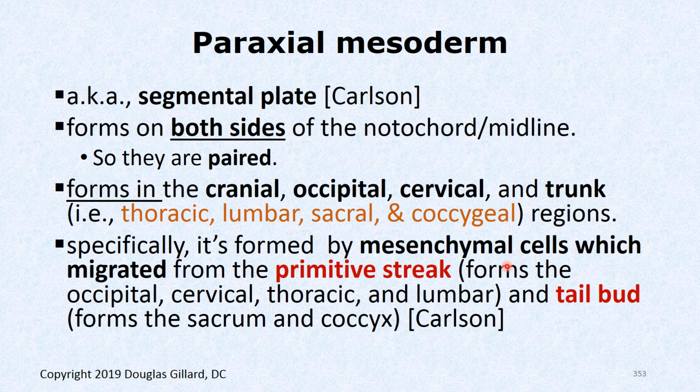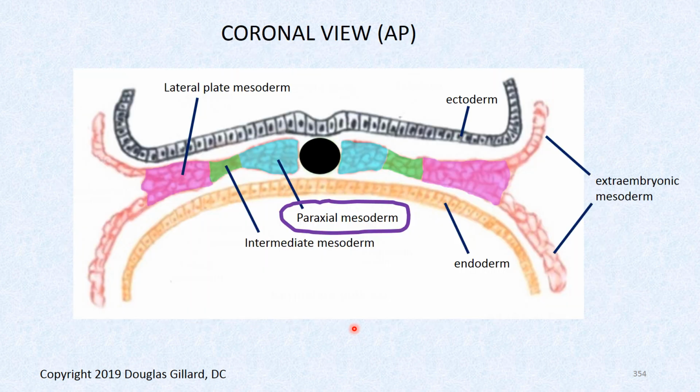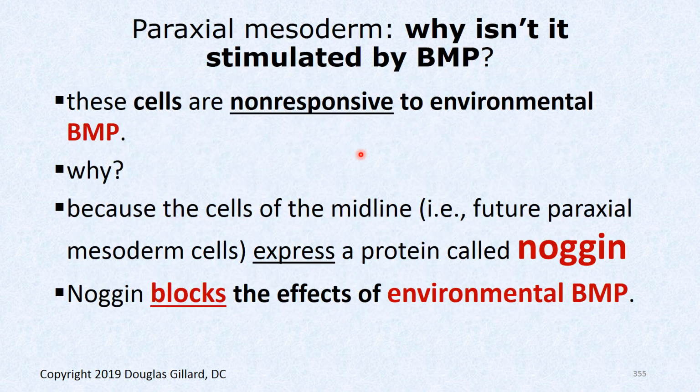The only difference is that for the ones that form in the sacral and coccygeal region, the primitive streak doesn't go that far, but there is a tail bud that develops down there, and cells move through the tail bud, morph into mesenchymal cells, and become sacral and coccygeal paraxial mesoderm. Okay, so we already know this. There's the paraxial mesoderm expressing low levels of BMP.